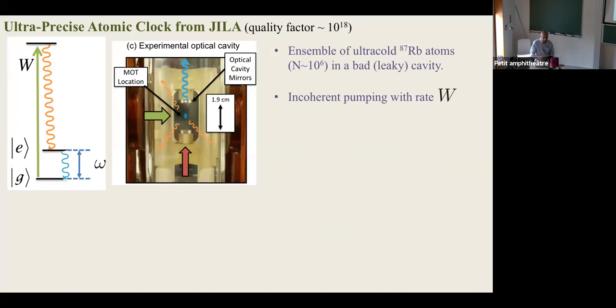Okay, but it comes from the following reason. This quality factor of 10 to the 18 has to do with the width of this line. The line is ultra narrow, and that's the fundamental limit. Now, existing lasers also use this line, but you have to bring external lasers to have sufficient output, and these external lasers bring noise.